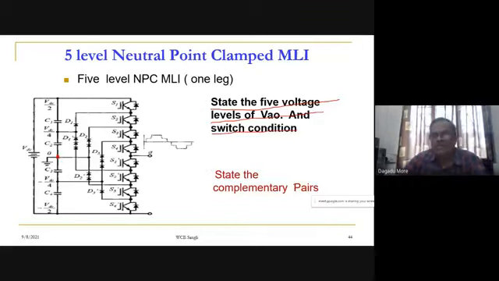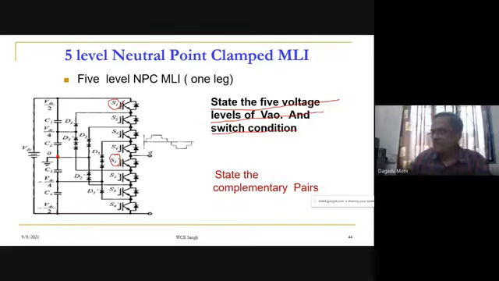We already know the concept of complementary pairs. So S1 and S1 star are complementary pairs.